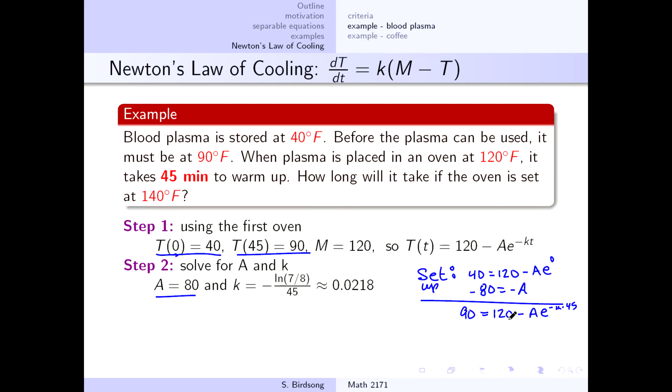So we have here, I'm going to move the 120 over, so this would be negative 30 equals, what is that, 80 e to the negative 45k. Notice then where this stuff comes from. We're going to go ahead and we would subtract, move everything over, and then simplify.